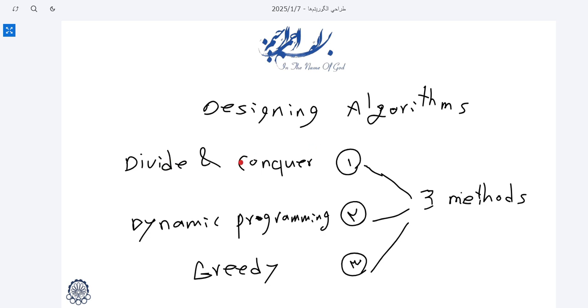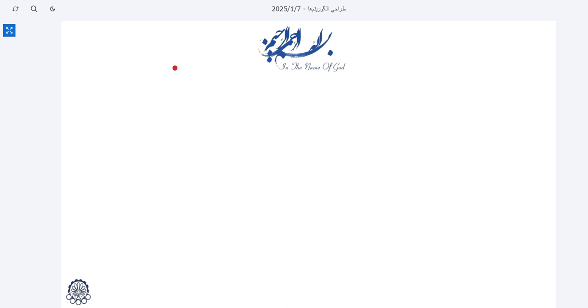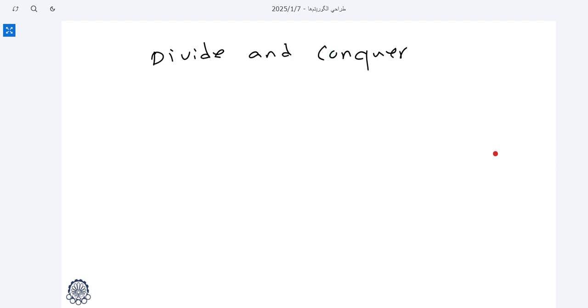First, we talk about divide and conquer method. What is the divide and conquer method? In this method, when we are going to solve a problem, in the first step, we divide the problem into some smaller problems.